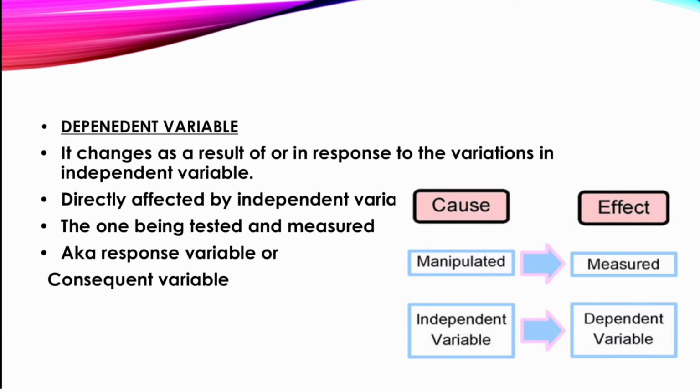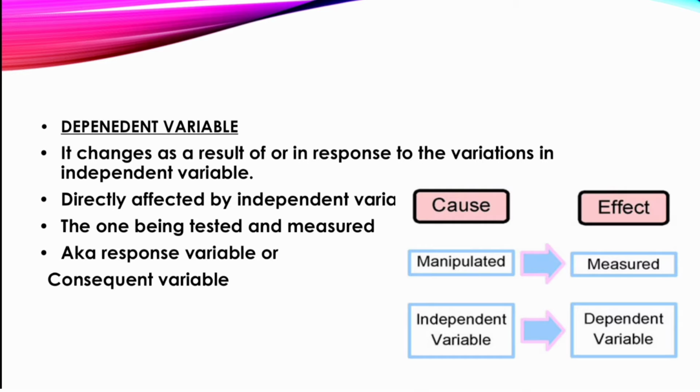So the dependent variable is the one which is being affected by the changes in, or the manipulations that we are doing on, the independent variable. These are the variables which change as a result of, or in response to, the variations of the independent variable.